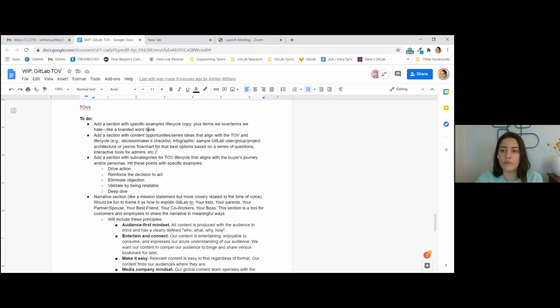I think it would probably be helpful to use an example for each type, like you're talking about. I know that social pulled together a lot of what they've already done. For this, it's totally okay to find existing stuff that we really like. I can look into our demand gen assets and blogs and pull some stuff out for you to look at.